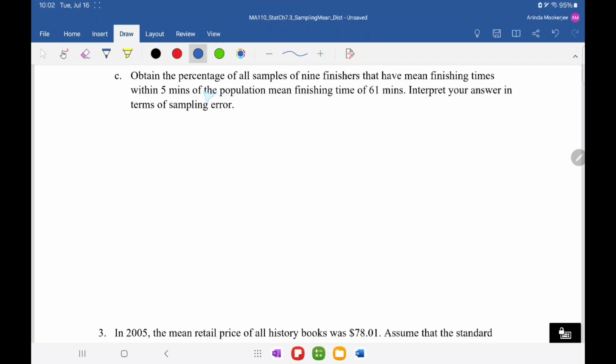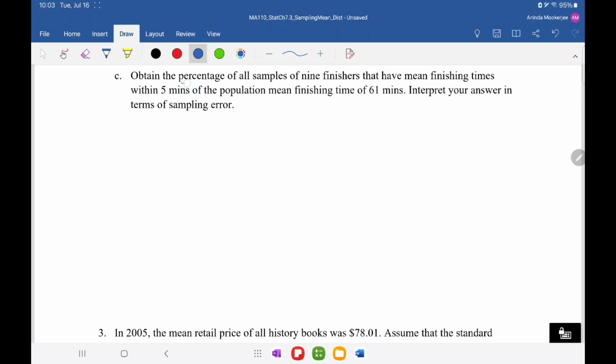And remember, from the previous chapter, we learned that percentage corresponds to proportion, and proportion corresponds to area under a normal curve within certain values. It could be less than a certain value, greater than a certain value, or between two values, right?